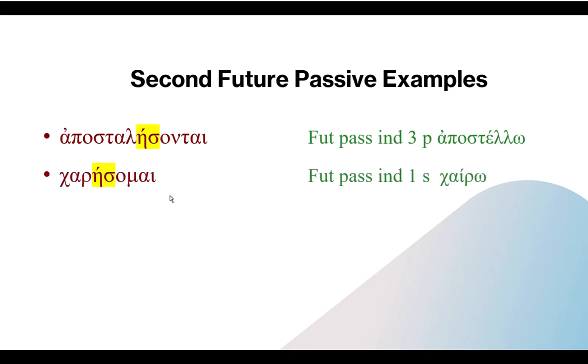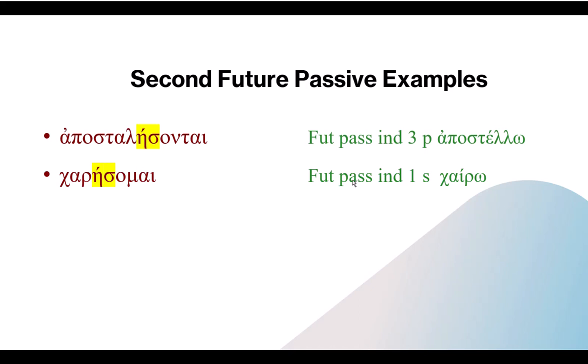Next example is charesomai, and the ace tells us that we're looking at a future passive. It's chairo, so the stem changes, it drops the iota, char ace omai, which is our nice first singular ending.